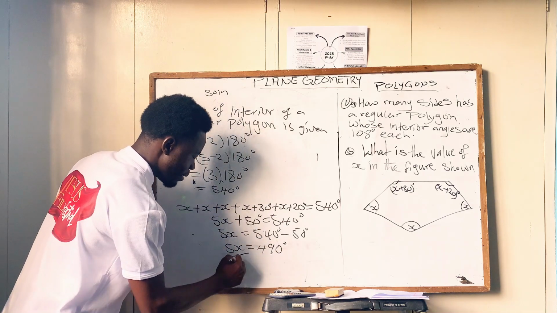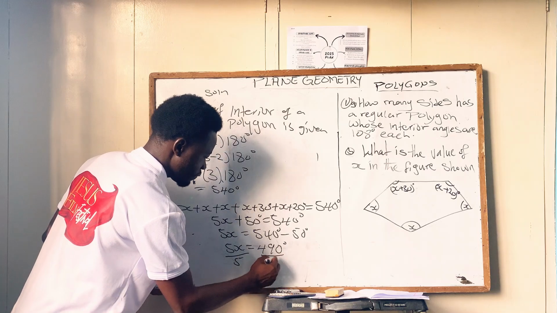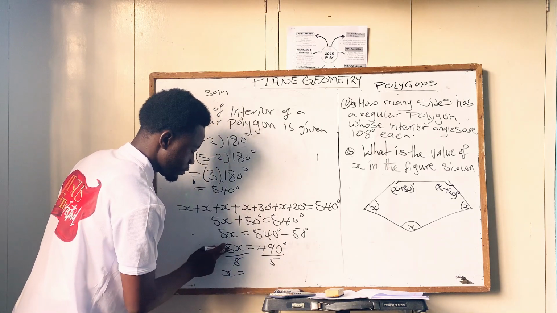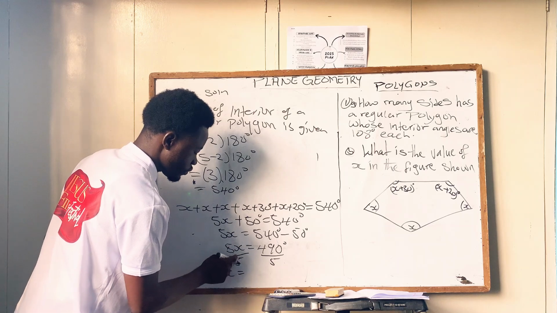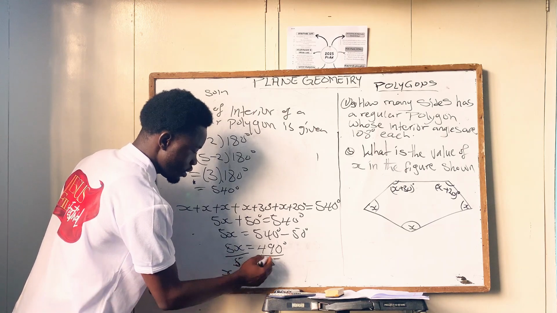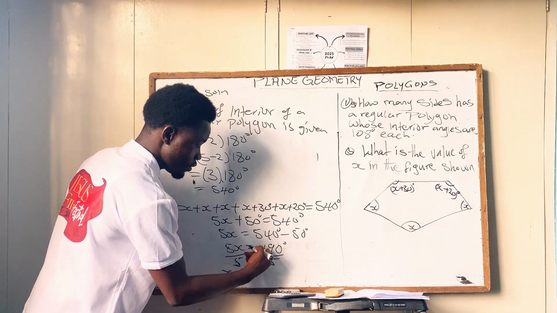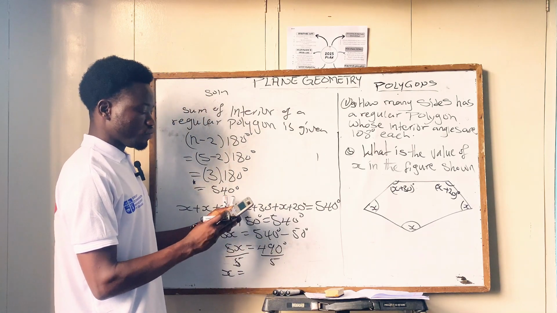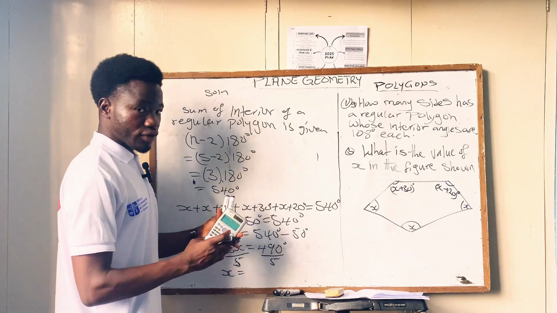Now we divide here by 5, divide here by 5, and my x is going to be equal to, the 5 cancels, so 490 divided by 5 is going to be 98 degrees.